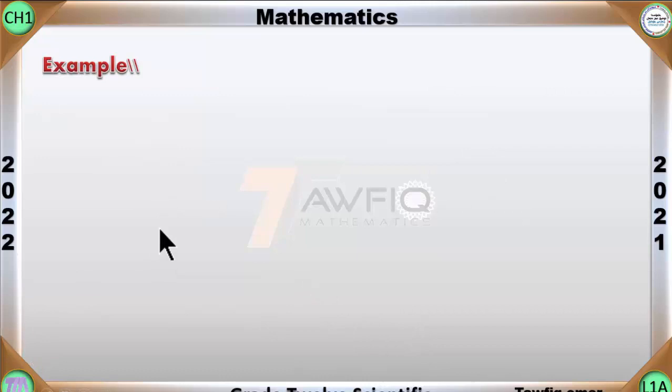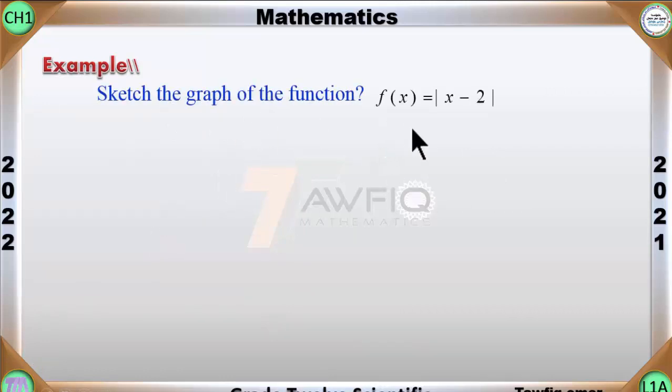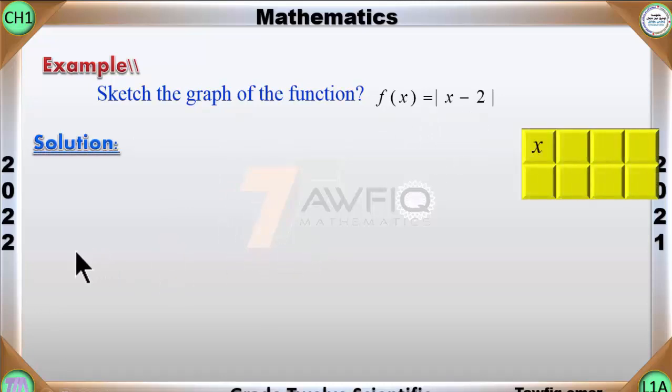Example: sketch the graph of the function f(x) equals the absolute value of x minus 2. First of all, take the expression inside the absolute value equal to 0 and find x, which is 2.